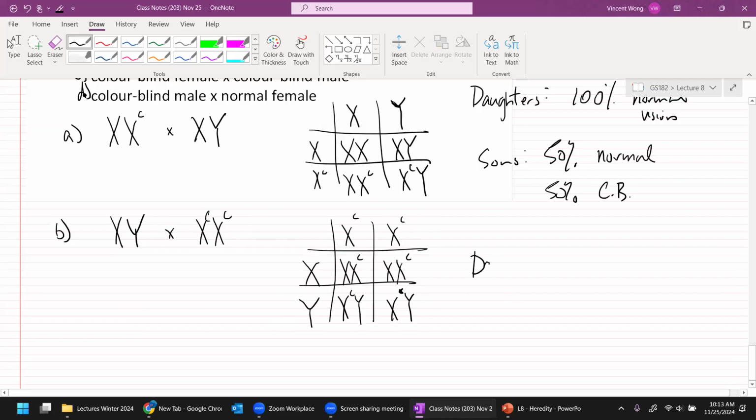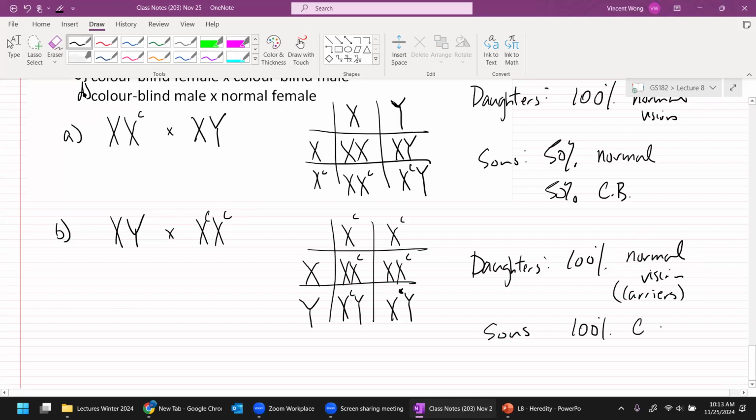Okay, so daughters, what can you say about the daughters? So 100% normal, right? Normal vision, but they are all carriers. And the sons, 100% colorblind.